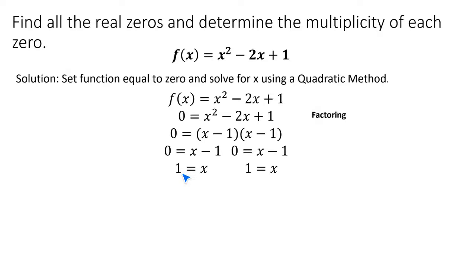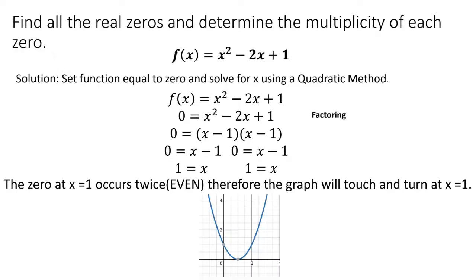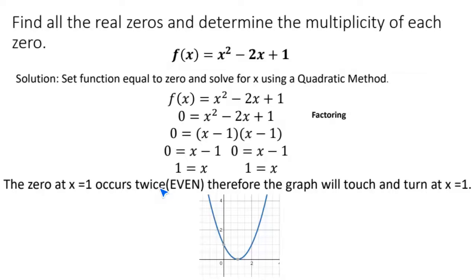So x equals 1 is occurring 2 times. So that's going to be an even number of times that it occurs. So we say that the multiplicity at x equals 1 is 2, and it's even, so the number 2 is even. And therefore, if we were to graph it, the graph is going to touch x equals 1, and then it's going to turn. Okay.